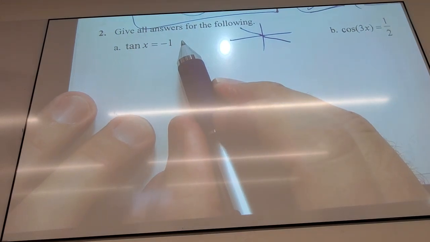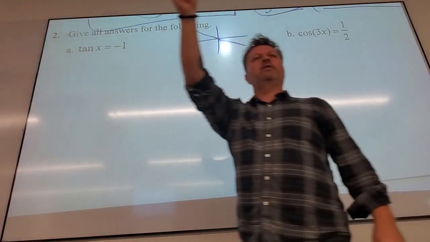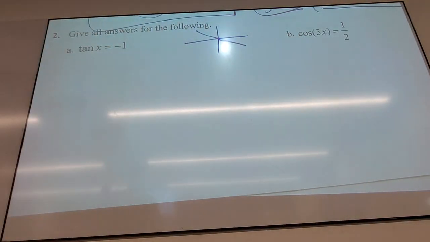Second piece of information is that tangent is supposed to be 1. I'm ignoring the negative for a second because I've already got that part figured out. When is tangent 1? When sine and cosine are the same, which is at 45 degrees. That makes sense because they both start at their biggest, both start shrinking, and then equal each other halfway, at 45 degrees. So it's going to be some kind of pi over 4.